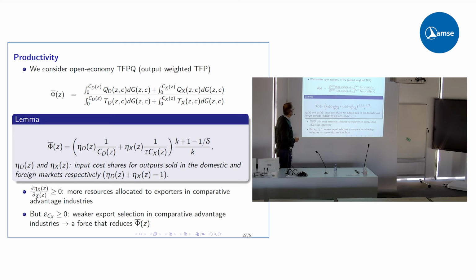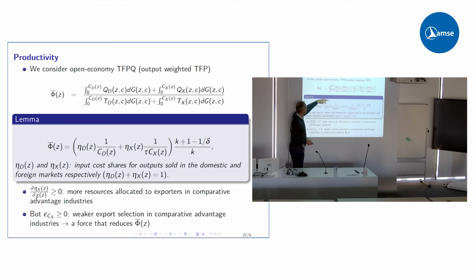Since this is a Ricardian setup, we now move to writing all the aggregate variables in terms of these fundamental variables, the cutoffs and export intensities, etc. So you want to know what is the open economy productivity at the industry level.